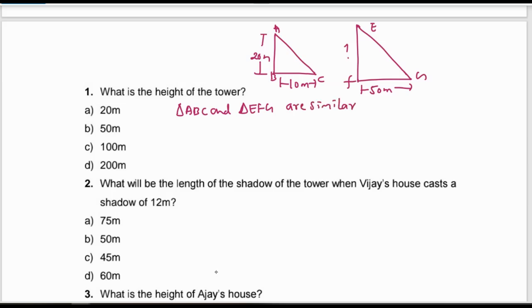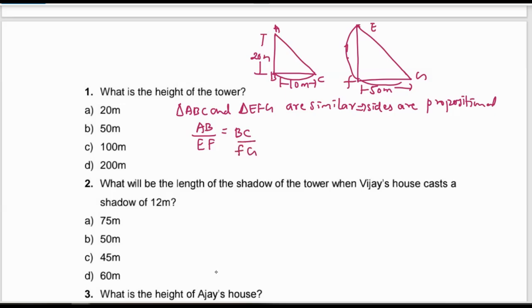Triangles ABC and EFG are similar. Since they are similar triangles, the sides are proportional. So we take AB divided by EF, the proportional sides of both triangles, equals, since we want the shadow, BC divided by FG.